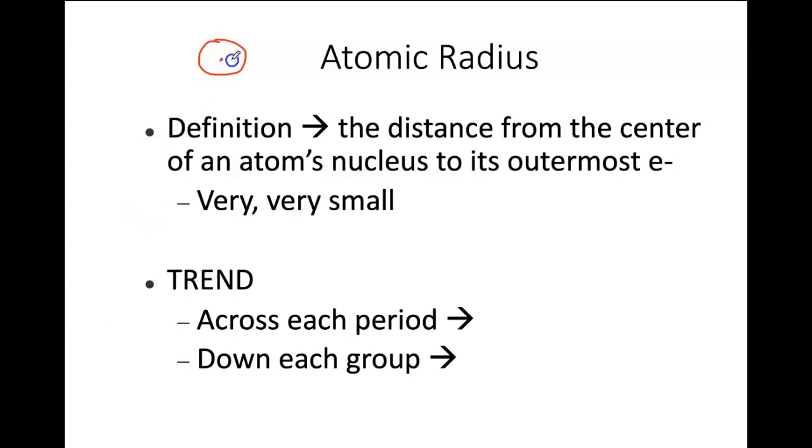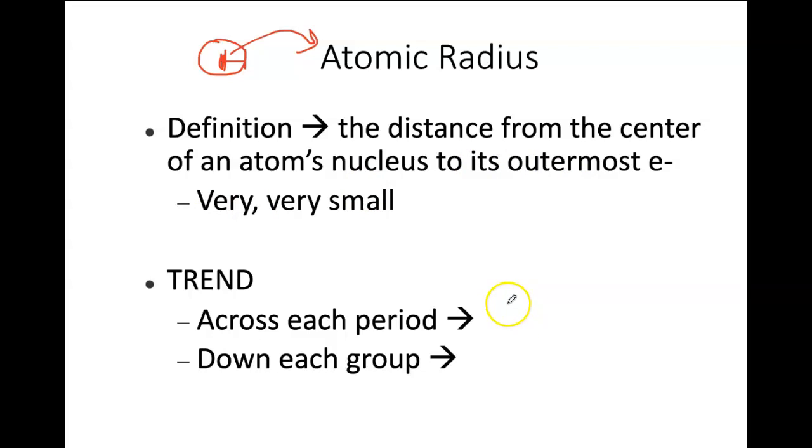If we measure from the nucleus to the outermost edge, this is called the atomic radius, the distance from the center to the outermost edge. Of course, we can't really measure this very easily because these atoms are so tiny.